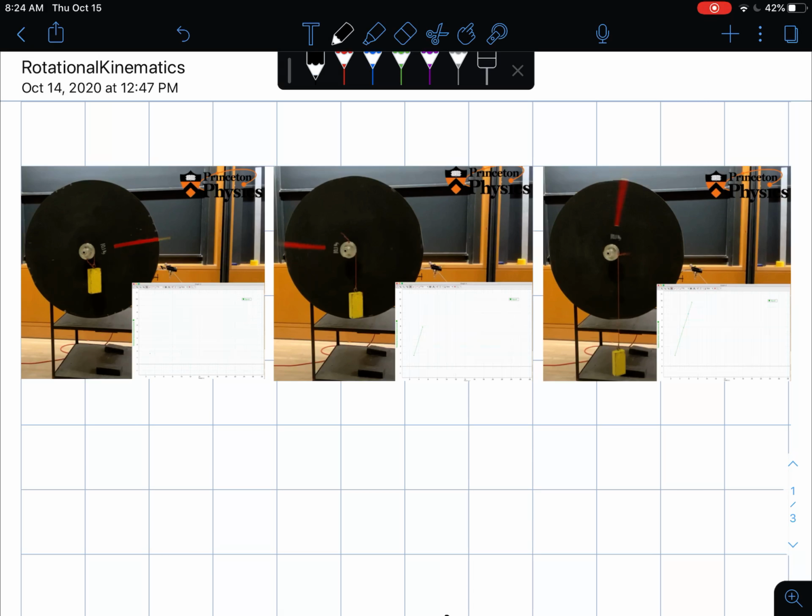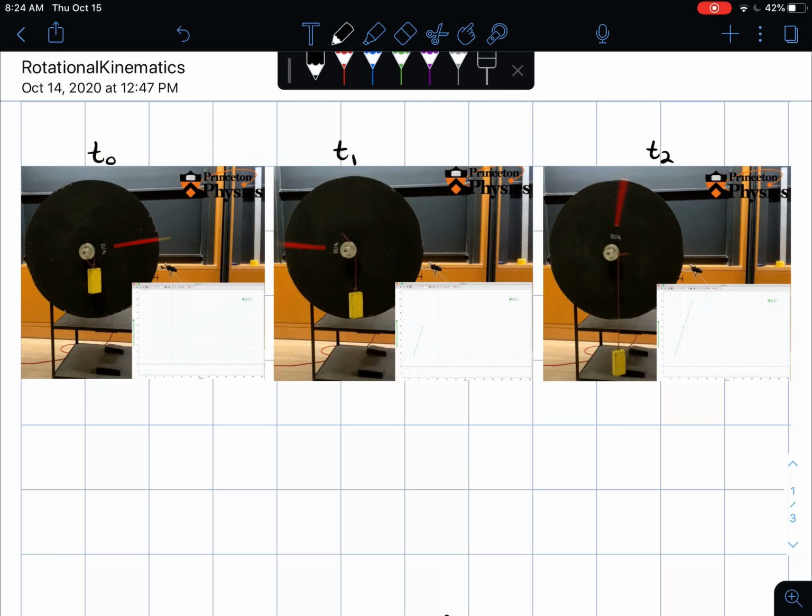In order to do this, I've got some snapshots here of the exact same demo that we saw before. This was the one with a large disk that's rotating, but now there's a mass hanging from it. It's rotating. But what's different here is this is all from the same trial, but at different times. So I'm going to call this T0, T1, and T2.